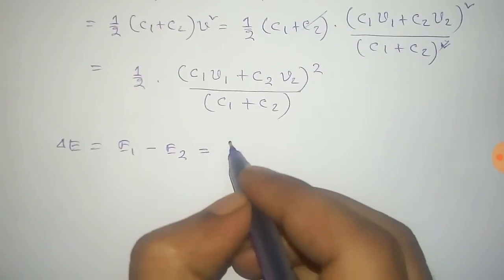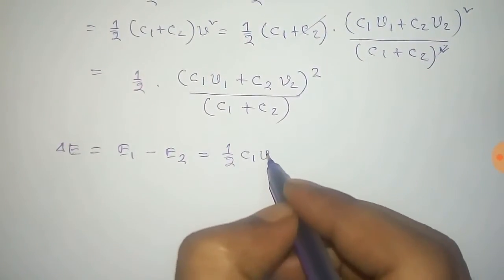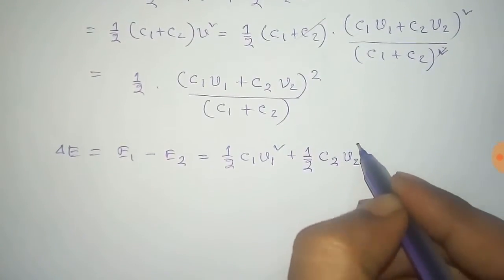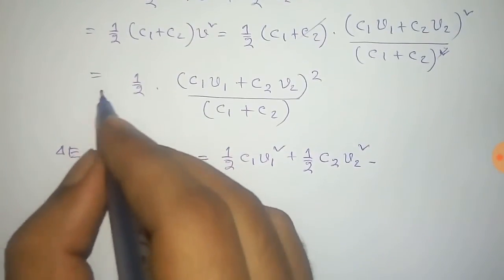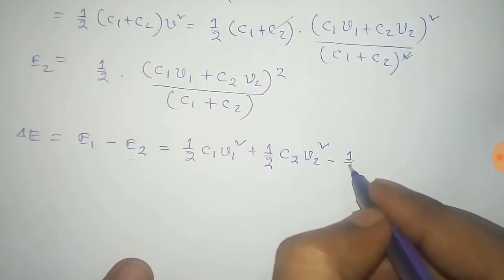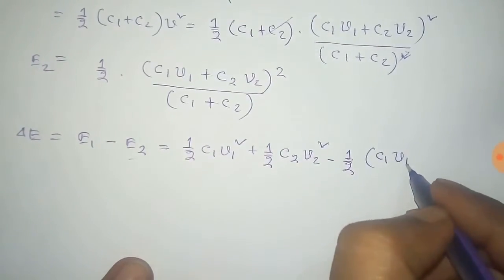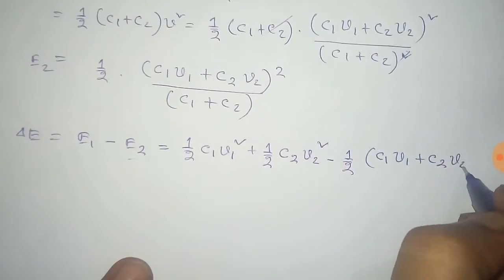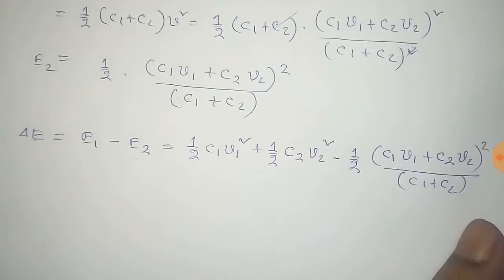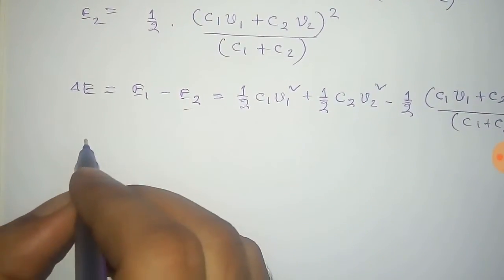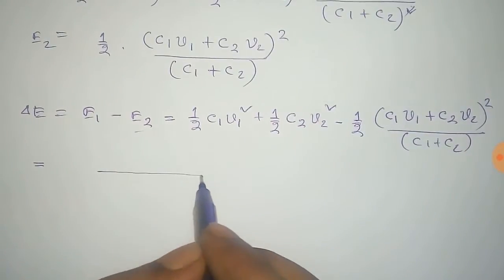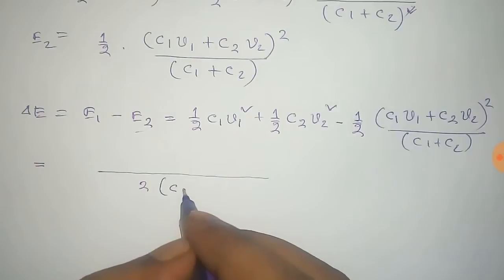First of all we put the value of E1, that is half of C1 V1 square plus half of C2 V2 square, minus E2, and E2 has the value half of C1 V1 plus C2 V2 whole square by C1 plus C2. Now to simplify this expression, it will be like this.